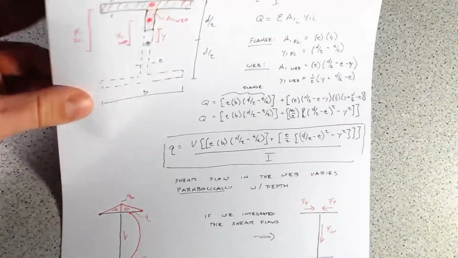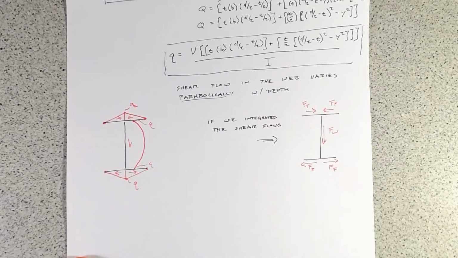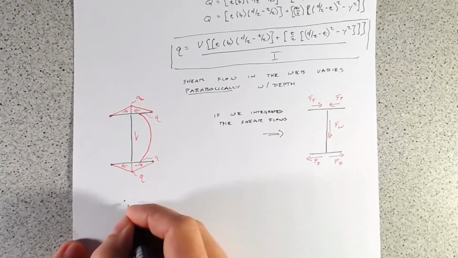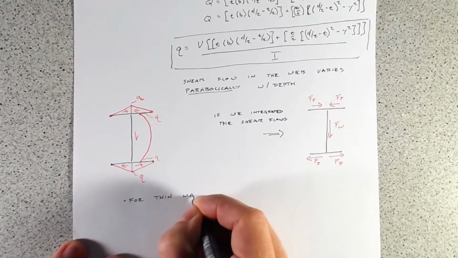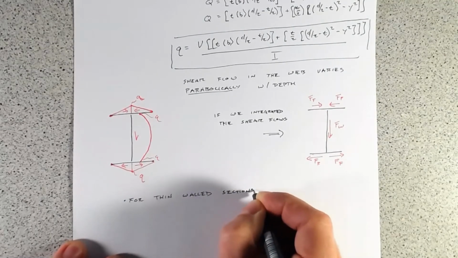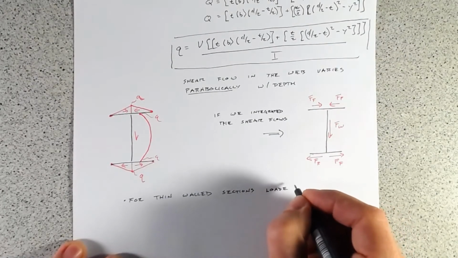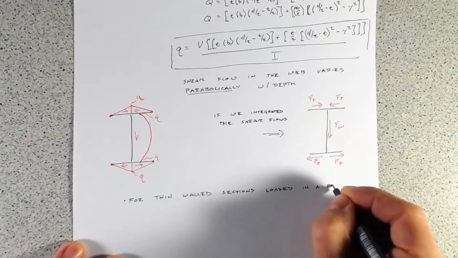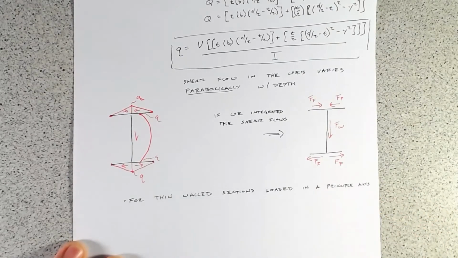So when we're looking at shear flow in thin wall sections, we can come up with these two rules. I'll write them out explicitly. For thin wall sections, and we'll say these have to be loaded in a principal axis, we'll talk about this in a moment.